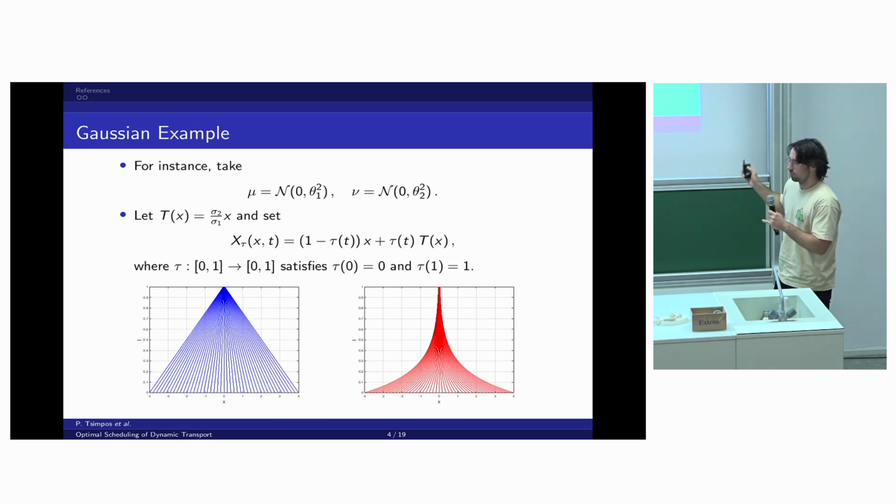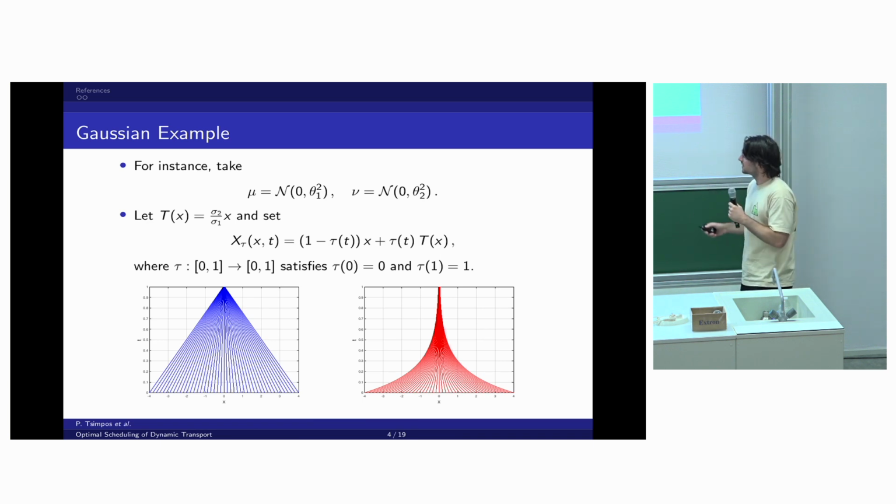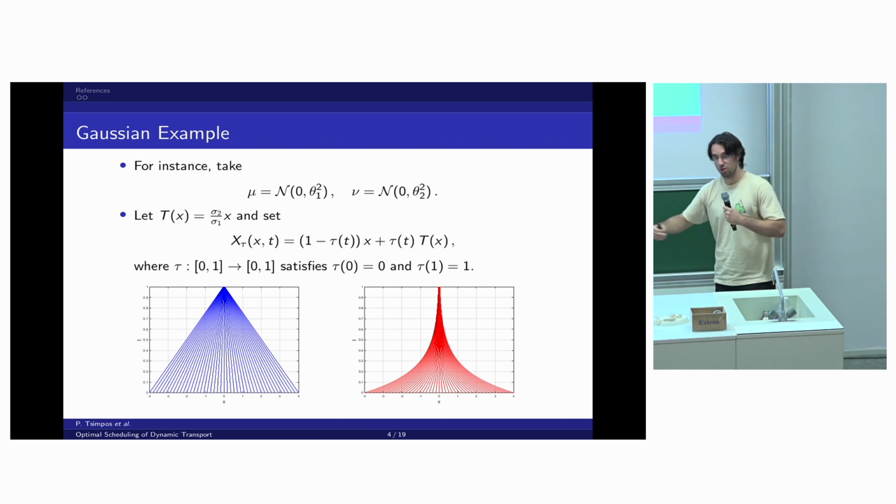And this would look something like this. On the y-axis, I'm putting the time variable, and on the x-axis, I'm putting the position of the particle. At time 0, the particle starts somewhere, and then it travels following the dynamics. What I want you to notice is that these are plots for two different taus, and they look quite different. On the left, I'm showing you tau equal to the identity, so tau of t equals t. The particles travel with constant rate on the ray connecting x to T of x, whereas on the right, I'm speeding up the particles at the beginning, and I'm slowing them down at the end.